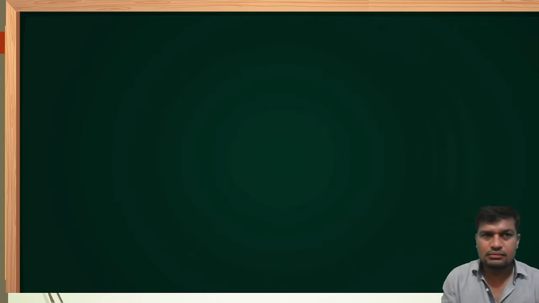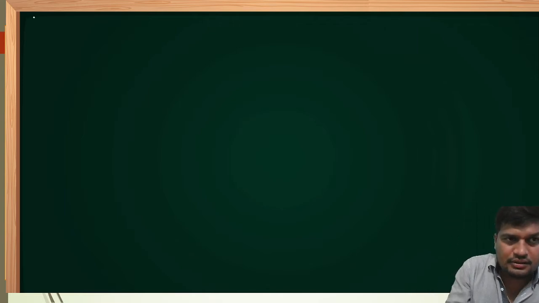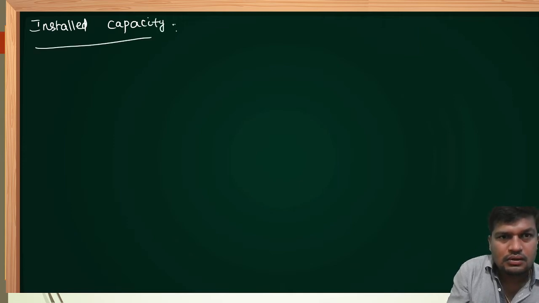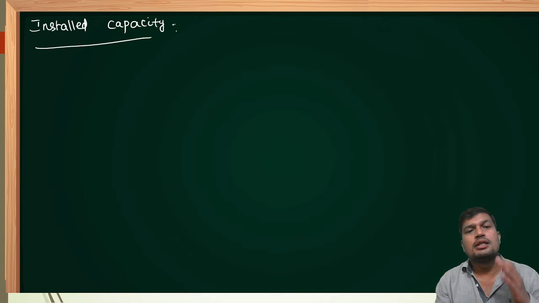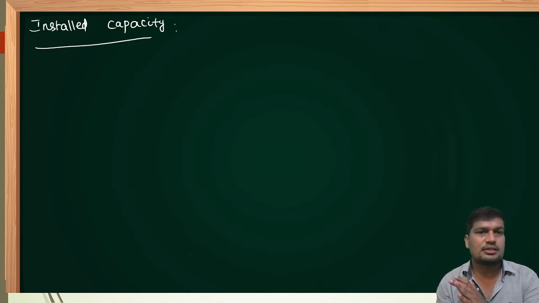Now, the second basic point: what is installed capacity in an electrical power system? The installed capacity in an electrical power system is the sum of the ratings of all generators installed in all power plants.